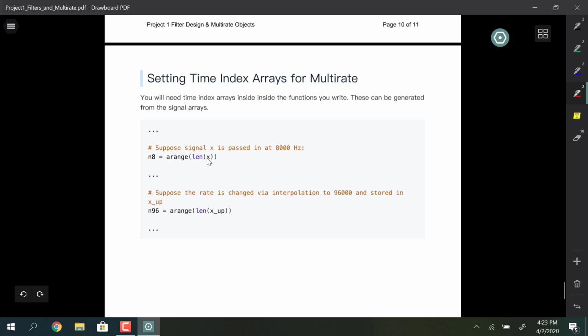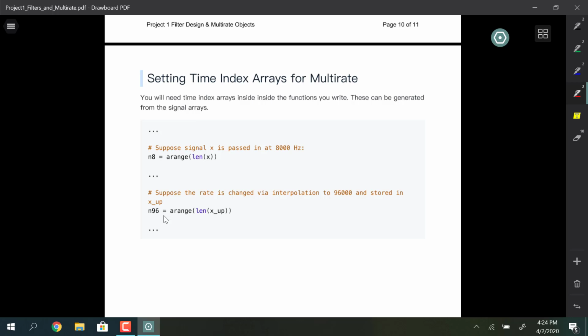If it's a vector at 8 kilohertz, I would label it as N8, for an index array at the 8 kilohertz rate. Then if you're working later on with an upsampled signal, you would get the length of that upsampled signal, make an index array from that, call it N96, and just have these two index arrays available for creating sine or cosine arrays to multiply times an array.